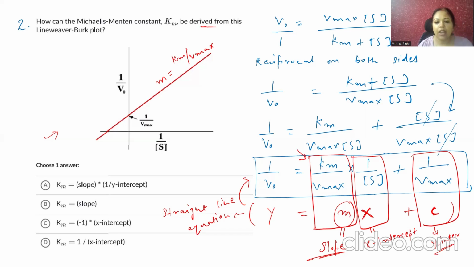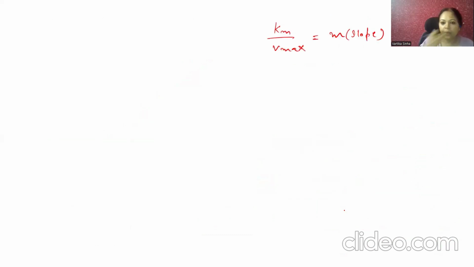Now you need to find the value of Km. Whatever you need to derive, you keep that on the left side of the equation and send everything attached to it to the right side, right?